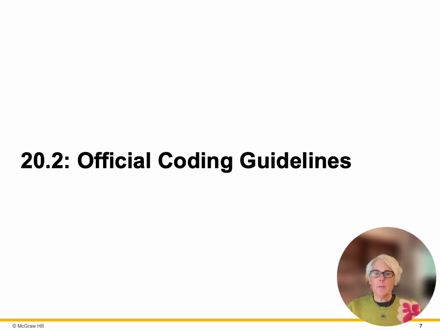So we're going to revisit those OCG, the official coding guidelines, but with a little bit of a twist, right? We're focusing on how they apply specifically to inpatient care and inpatient coding, but the guidelines define how we pick the principal diagnosis, how we sequence secondary diagnosis, and how we handle uncertain diagnosis in the inpatient setting.